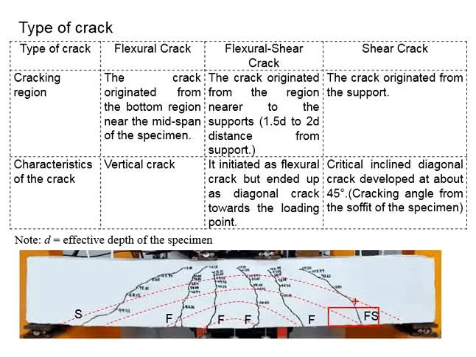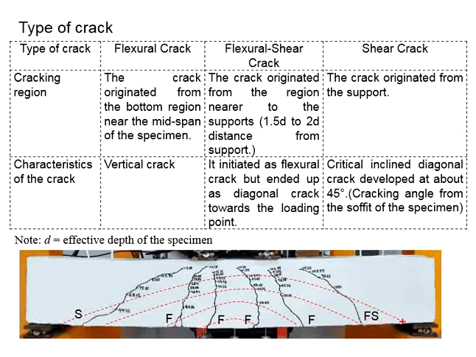Closer to the support, when the tensile stress exceeds the concrete limit, it starts with the flexural crack. As it goes outward, the crack will go along with the regions of larger tensile stress.